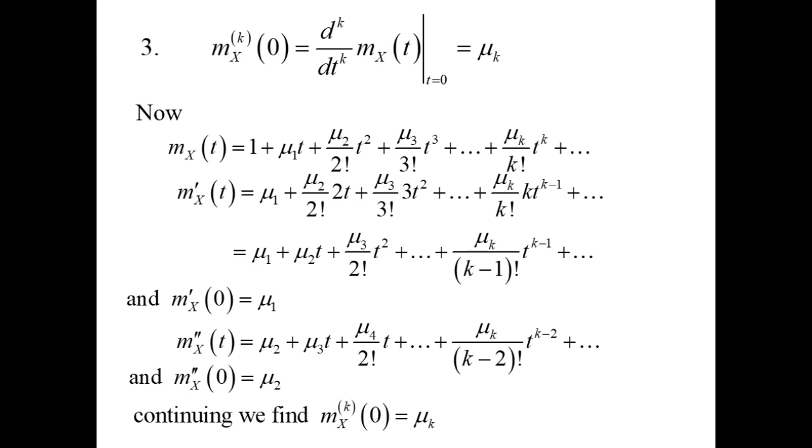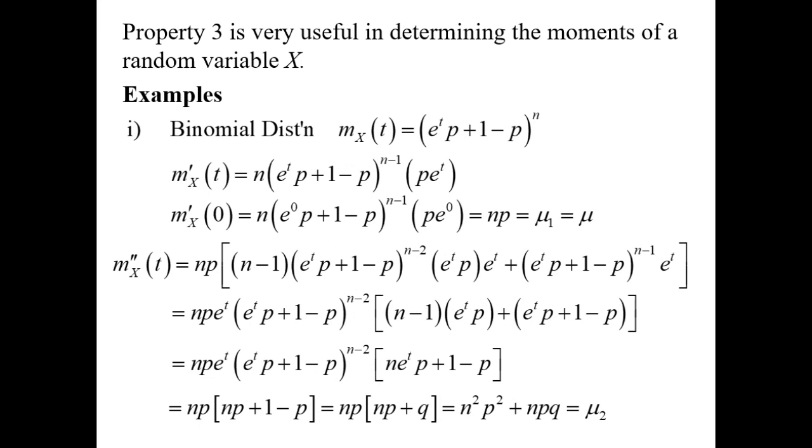Continuing, we can find the kth derivative of this moment generating function, and putting t is equal to 0 we get the kth moment. That is, this moment generating function generates all the moments. The third property is very useful in determining the moments of a random variable X.